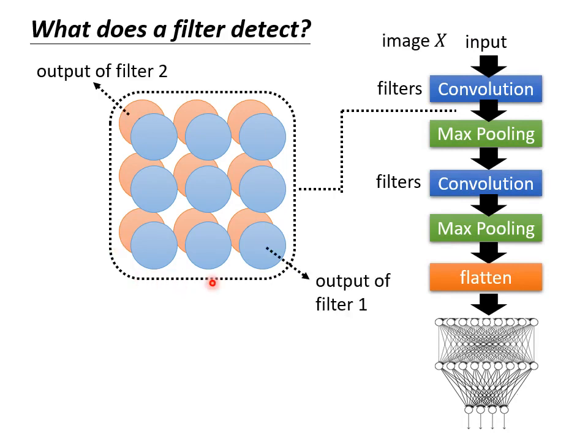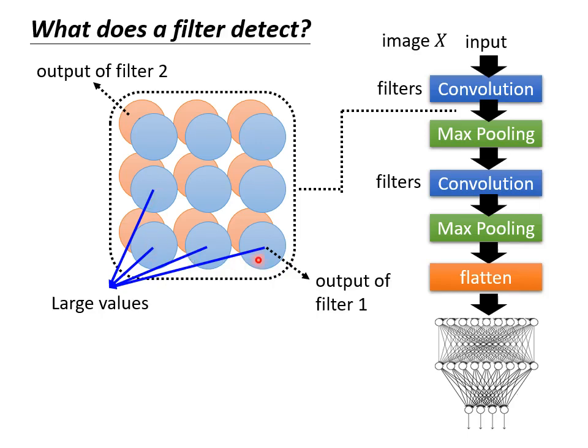Now, suppose we have a picture as the input to this convolutional neural network. We represent the picture as a capital X. Because the picture can be represented by a matrix, we use the capital X to represent the matrix formed by this picture. When inputting the picture to the network, you will find out that the feature map in a certain filter, for example, filter 1, has relatively large values.